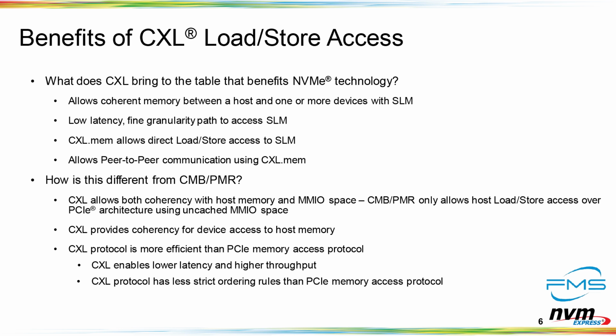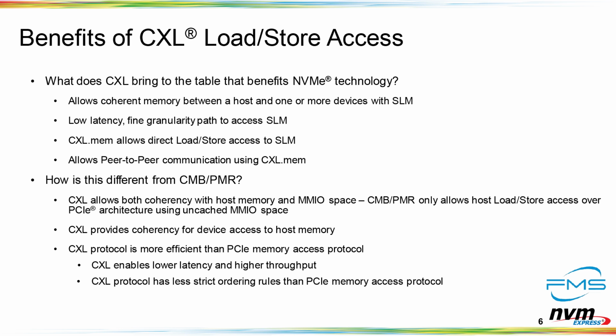You may be asking yourself, how is this different from CMB and PMR, which we already have in NVMe and have been available for quite some time? Great question. CXL allows both coherency with host memory and MMIO space, whereas CMB and PMR only allow load store access over PCIe uncached MMIO space. So you don't have the coherency.